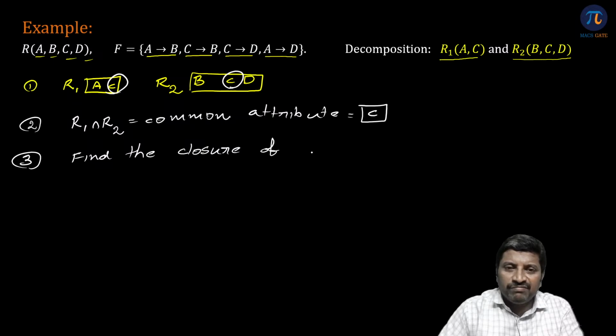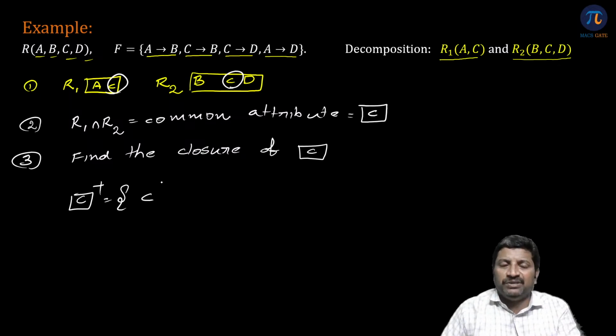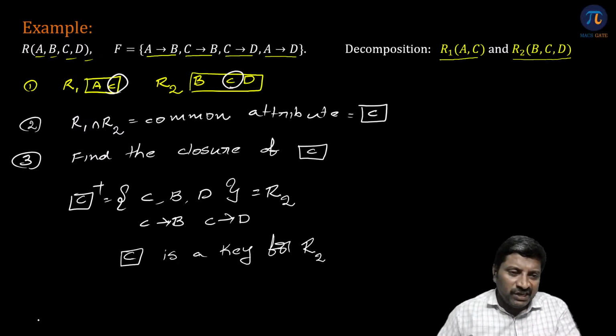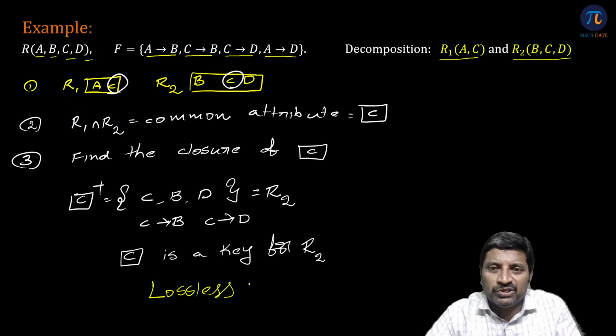Find the closure of C. What is the closure of C, sir? Let us do it. With the C, surely we will get C for R2. Since it is a key for the second relation, there will be no loss. So you can conclude it is lossless. Hope you understood it.